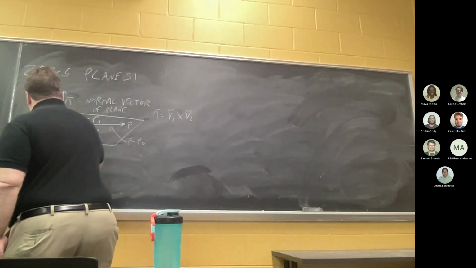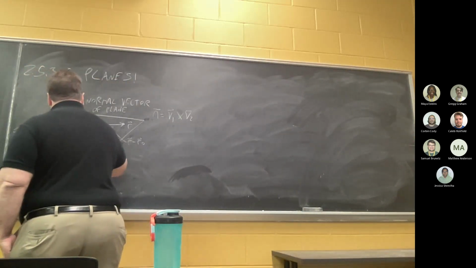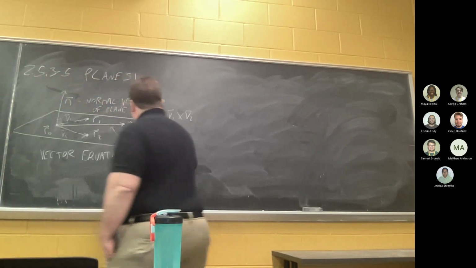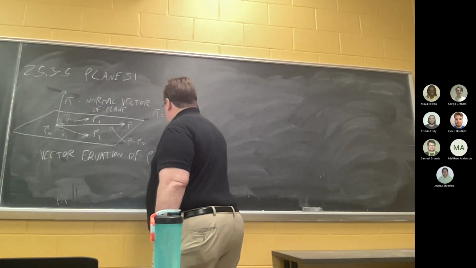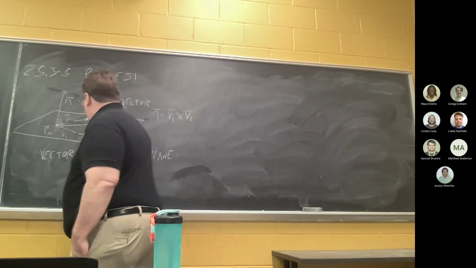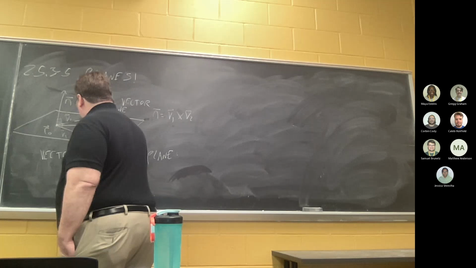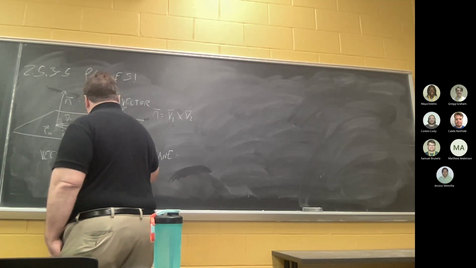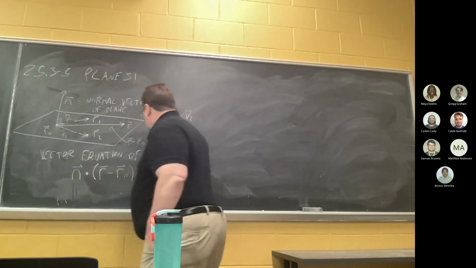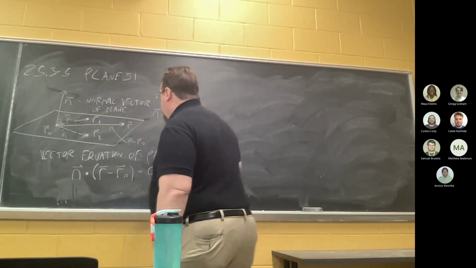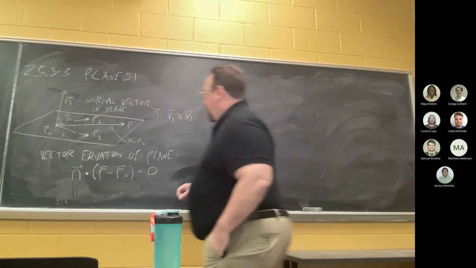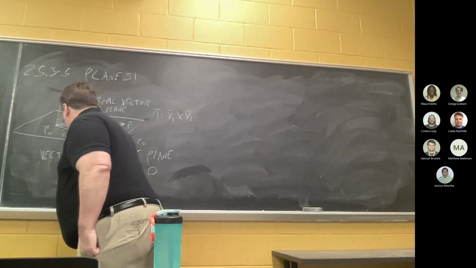So this leads us to the vector equation of a plane. Now we use dot product. The dot product of N with R minus R0 must be equal to 0. That's how we know that 2 vectors are orthogonal. So N is the normal.